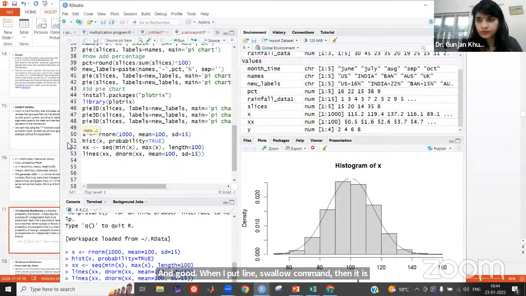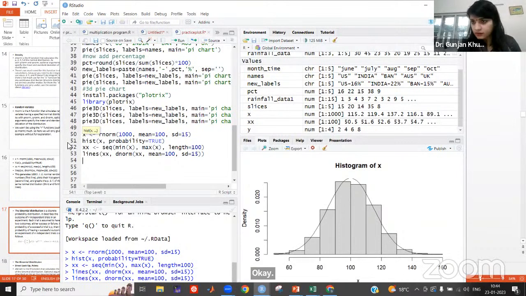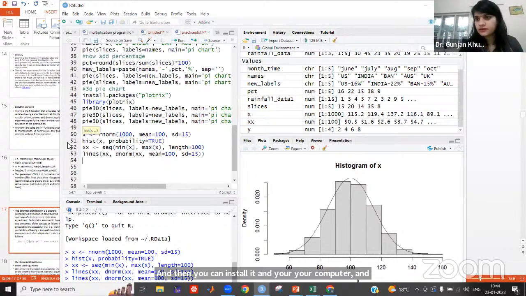Okay, so might be some package is missing. Yeah, some package is missing. So what you can do is, you can Google what package is to be used for the lines function, and then you can install it on your computer, call it through library, and use it. I will do that and solve the problem. Yeah, I will.